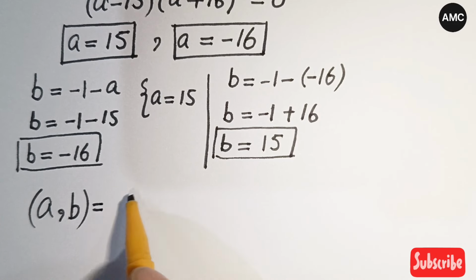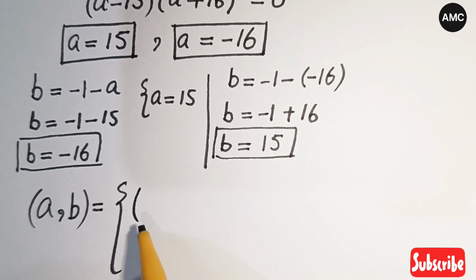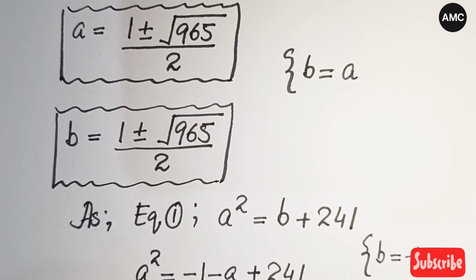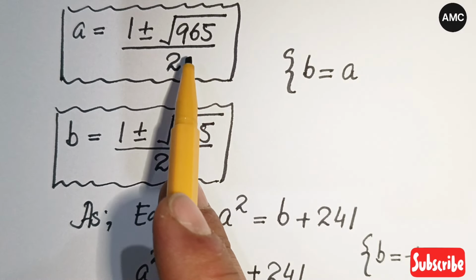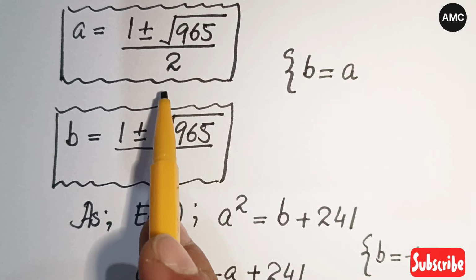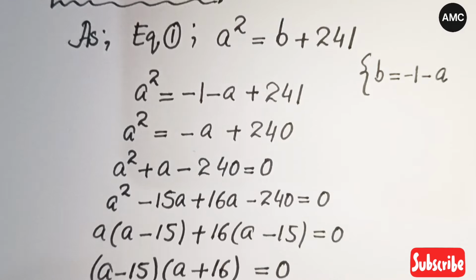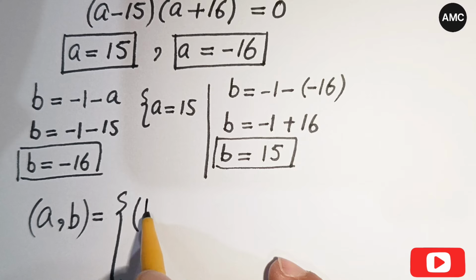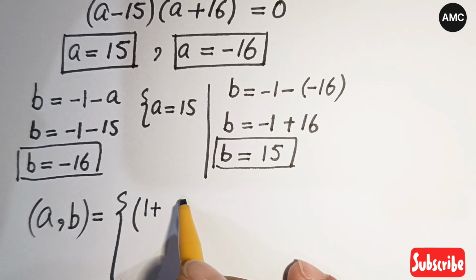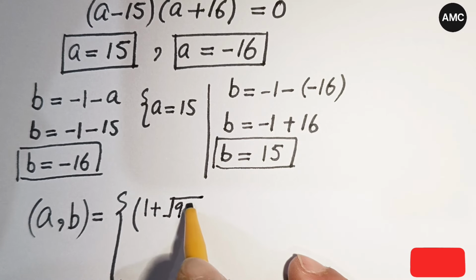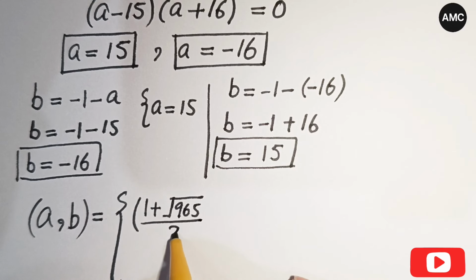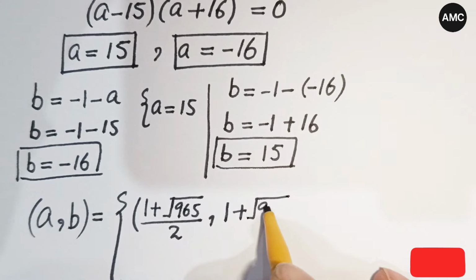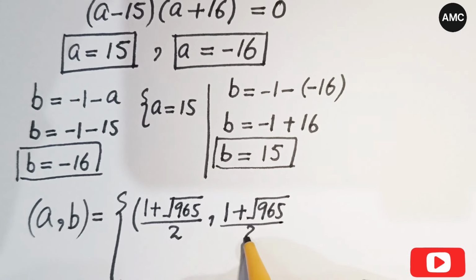Here we have our first pair of values, that is a is (1 plus root 965) all over 2, and similarly the value of b is also the same, (1 plus square root of 965) all over 2.